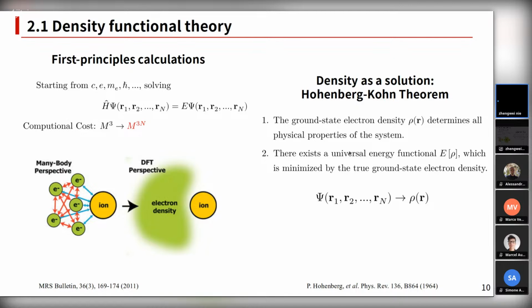The second theorem states that the total energy E is a functional of the charge density rho, and by minimizing the total energy, we can get the ground state electron density. The HK theorem simplifies the many-body wave function problem into a charge density problem.